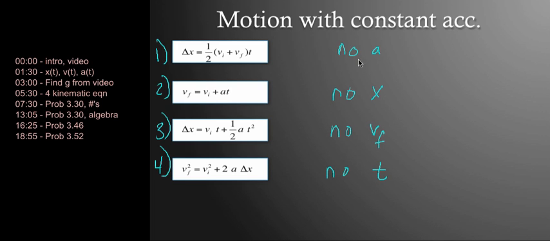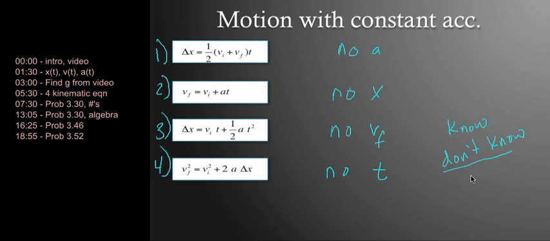So in each of these equations, there's one unknown that we don't know. And I think that an easier way to end up solving these four equations is to look at what do we know and what do we not know. Usually we won't know one or more of these parameters.